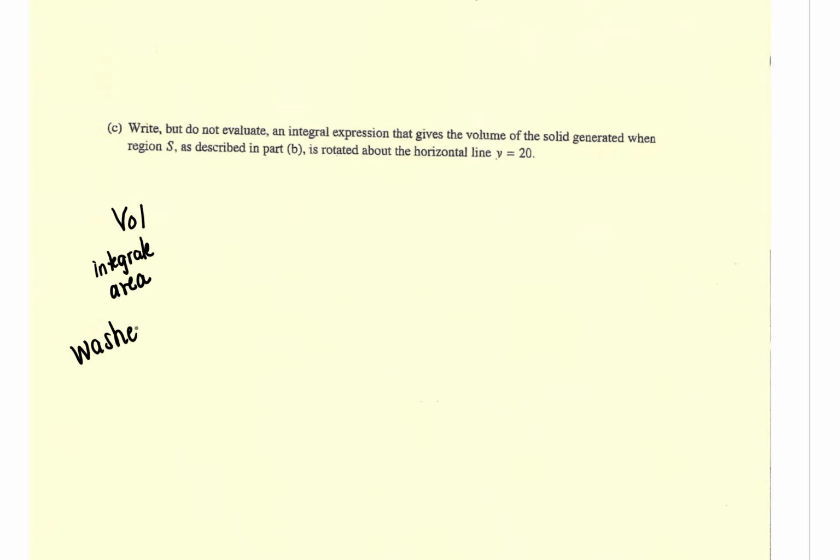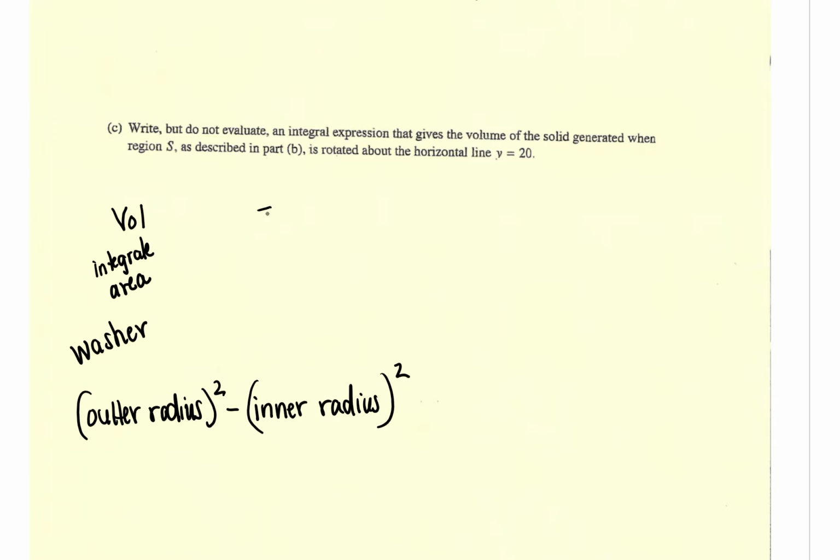Whenever you're doing the washer method, recall that it's the outer radius squared minus the inner radius squared. Okay, so I will have pi, because the area of a circle is pi r squared, so pi.